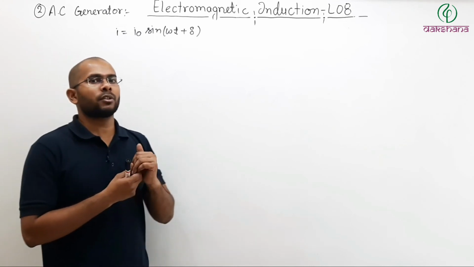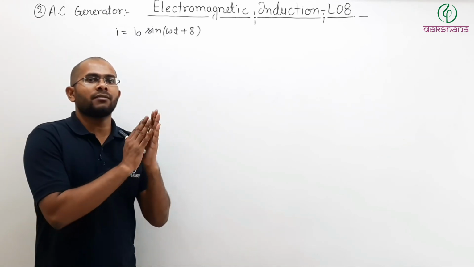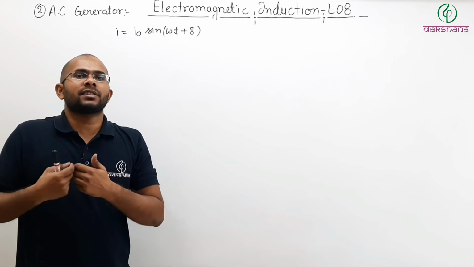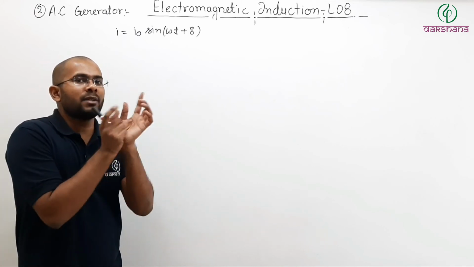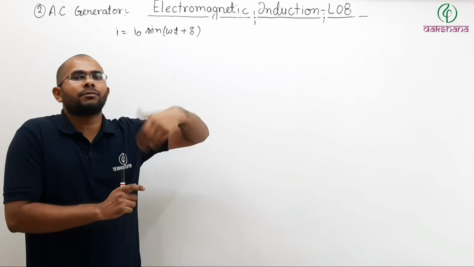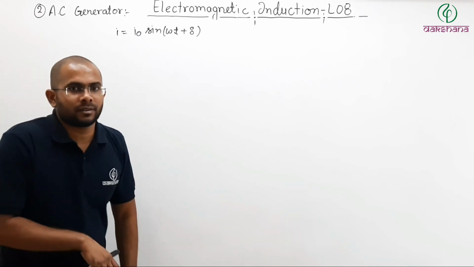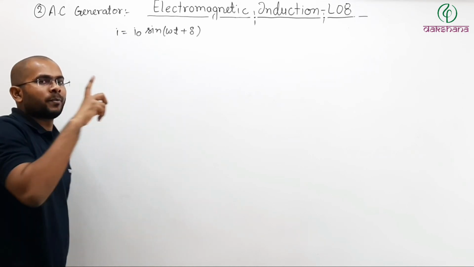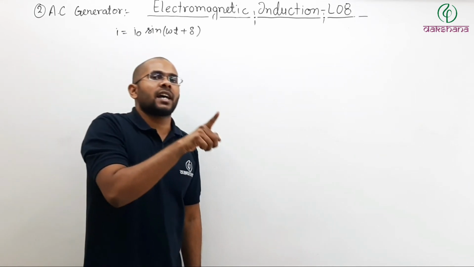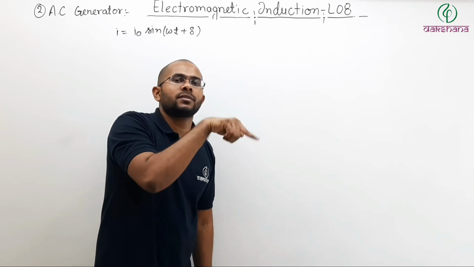If you remember your wave equation, in waves the time period is defined as the time after which the wave properties repeat themselves. Meaning time after which, in this case, magnitude as well as direction of current will become the same.